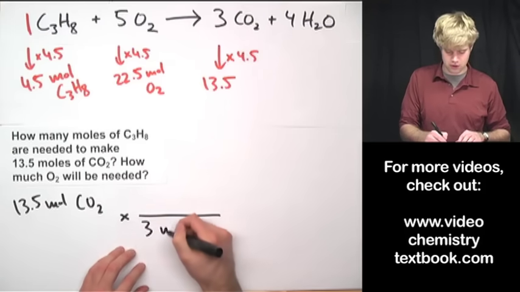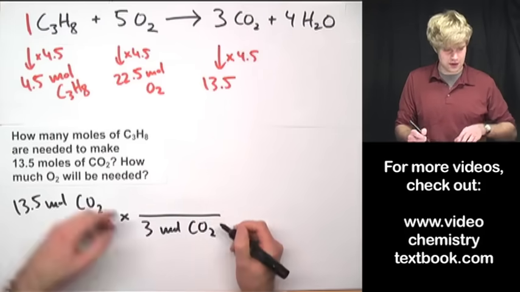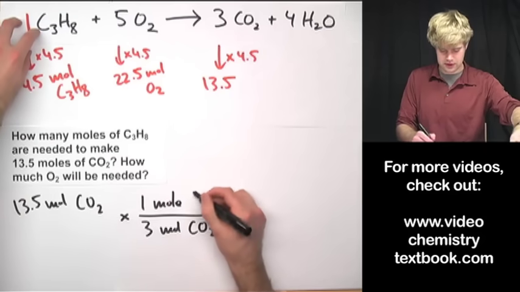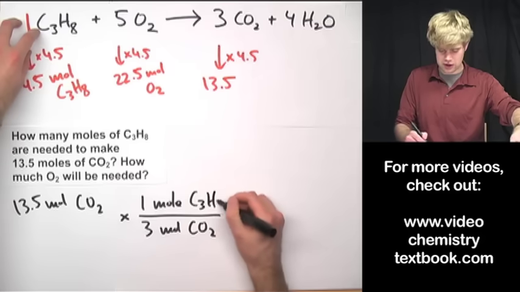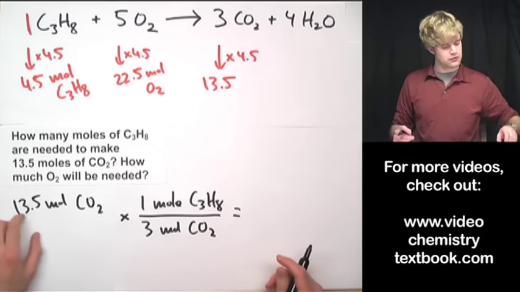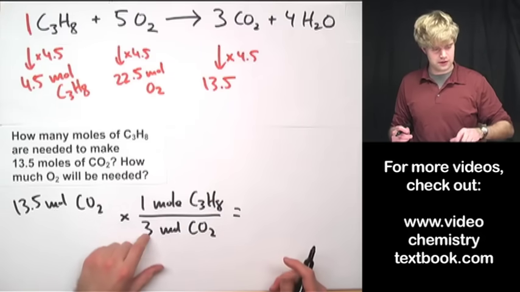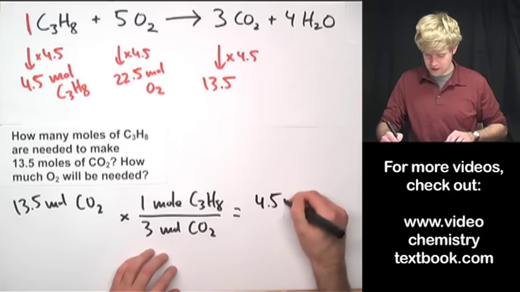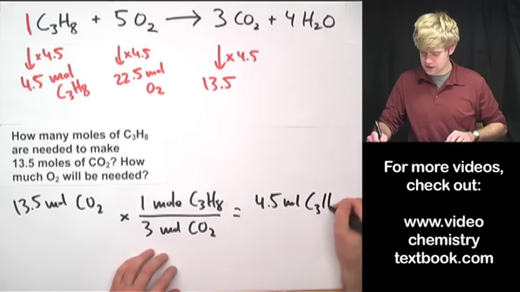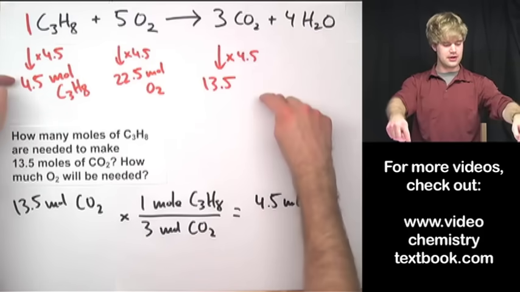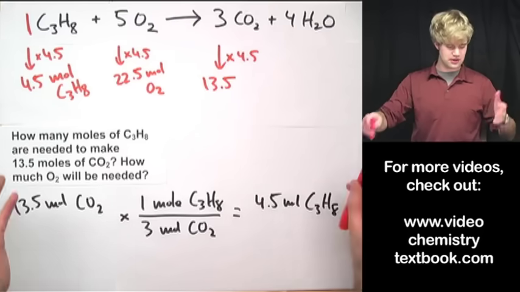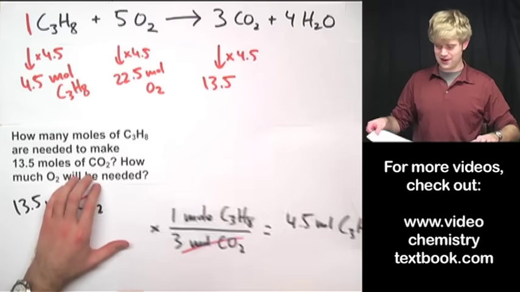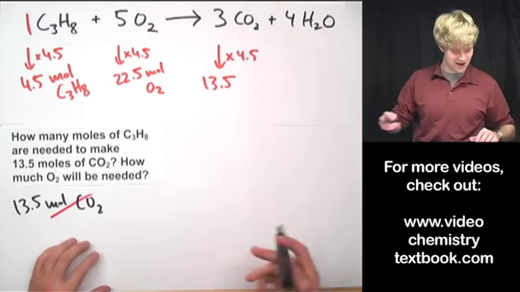So 3 moles of CO2 on the bottom, 1 mole of C3H8 on the top. 13.5 times 1 divided by 3 is going to give me 4.5 moles of C3H8. The number is the same, even though the process is different. Oh, what did I forget to do? I forgot to cancel these out. Or I could, I'm not going to get rid of it, I'm going to just keep it there.